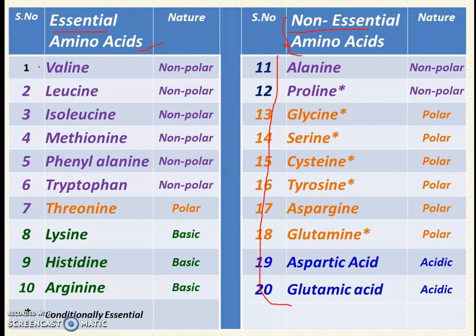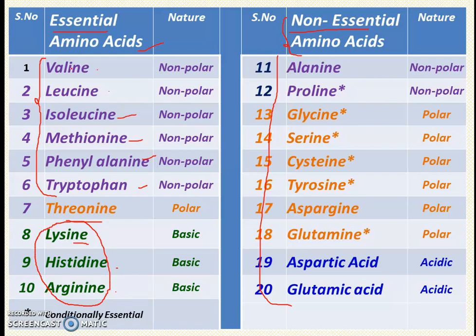And for remembering the essential amino acids, just follow the classification on my previous slide of the 20 standard amino acids. Up to tryptophan, they are non-polar in nature. Just remember the sequence: valine, leucine, isoleucine, methionine, phenylalanine, tryptophan. Then remember threonine, followed by all the three basic amino acids: lysine, arginine, histidine.